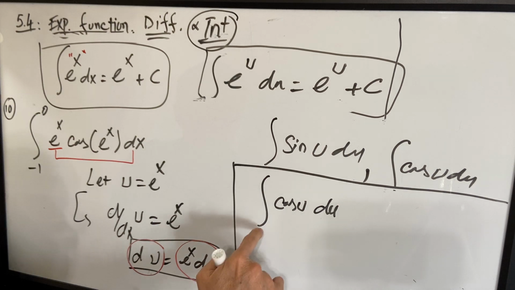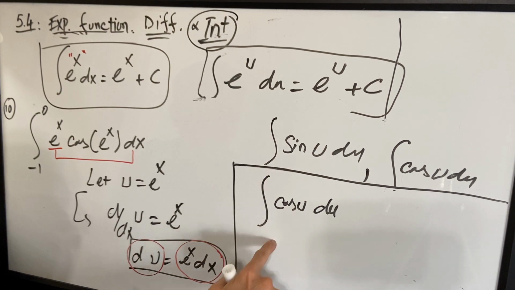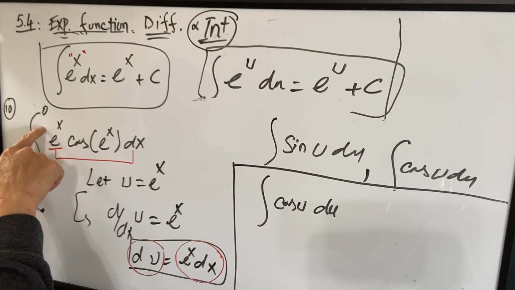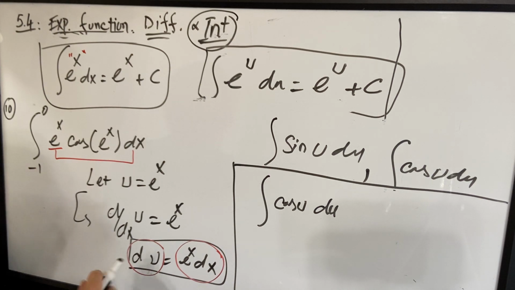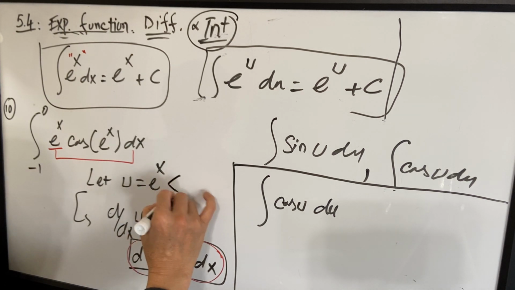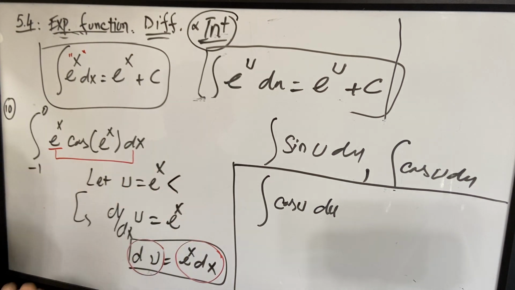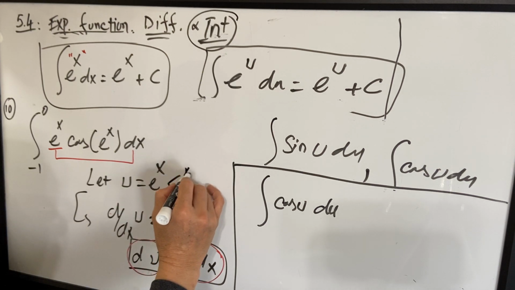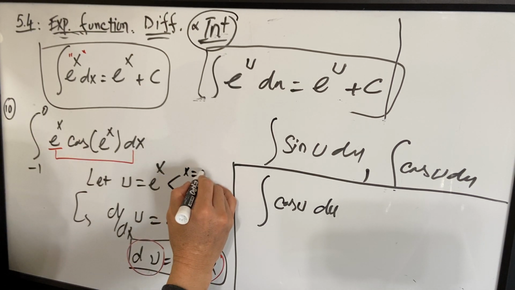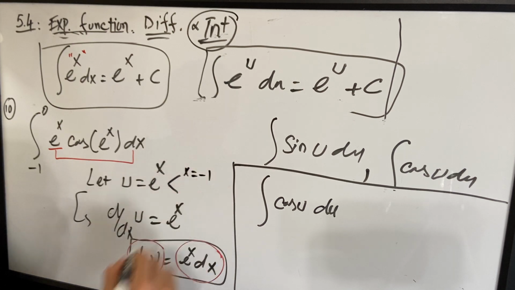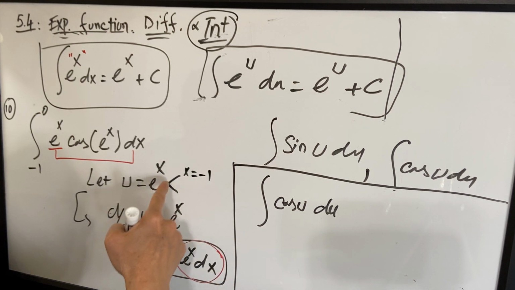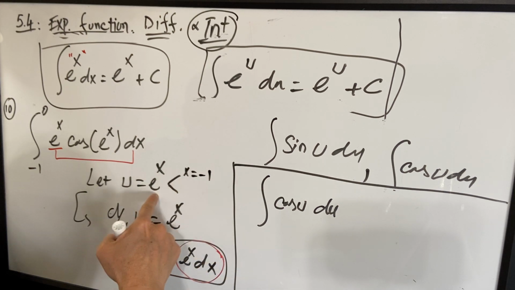The only thing right now is, Mr. Dang, if you want to do it in terms of u, you have to convert these bounds as well. No worry. Let's go. u equals e to the x. What if x is -1? Yep, if x is -1, what is the value for u? Well, that would be e to the -1.